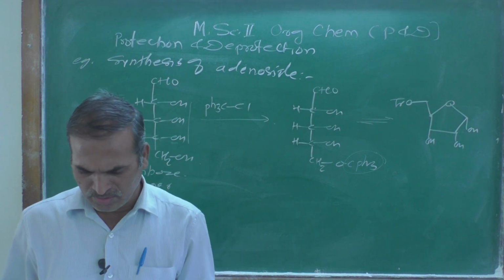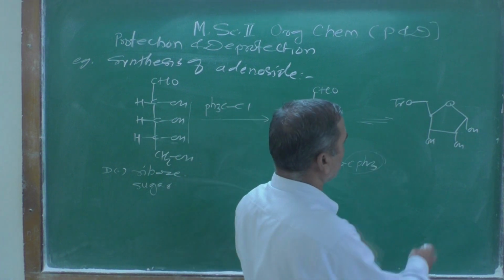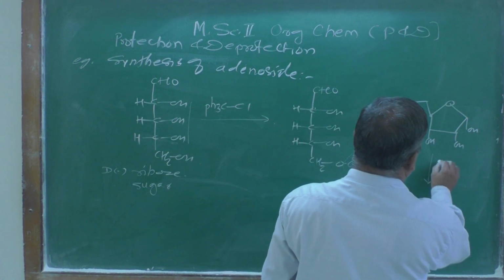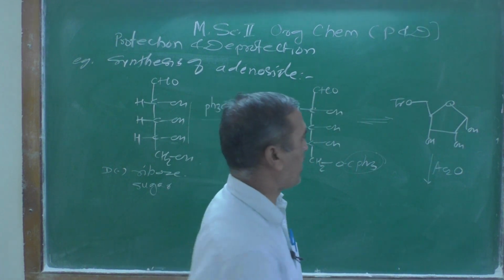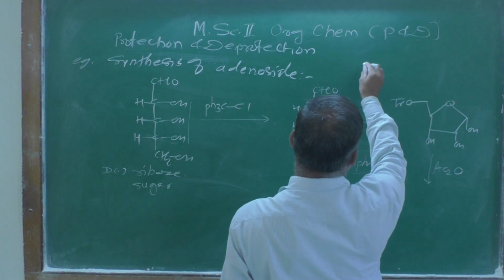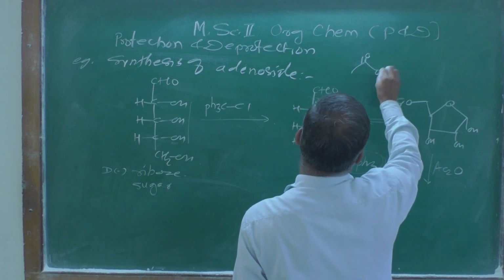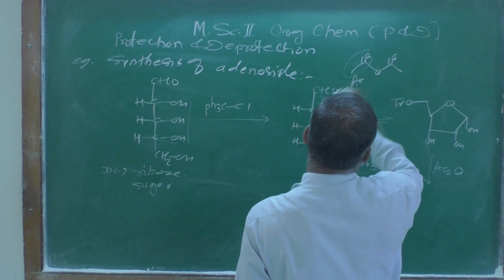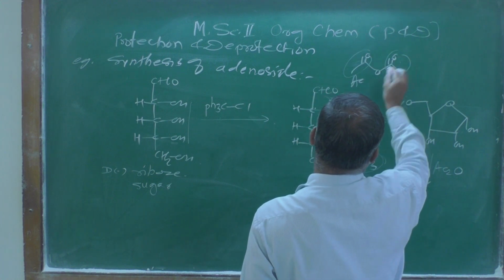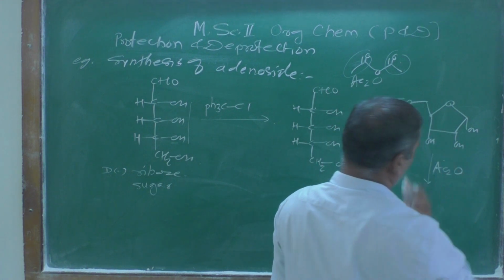So let us see over here, this structure is further treated with Ac2O. Ac2O is nothing but acetic anhydride. Generally we write it like this: acetic anhydride, C double bond O, C double bond O, and this group we know is Ac, and here also Ac twice and O, and therefore it is known as acetic anhydride, right?